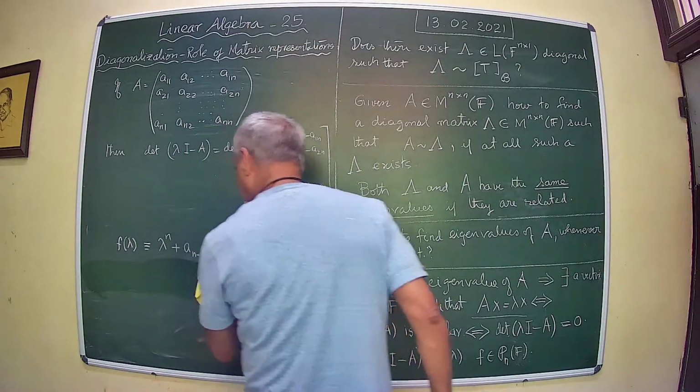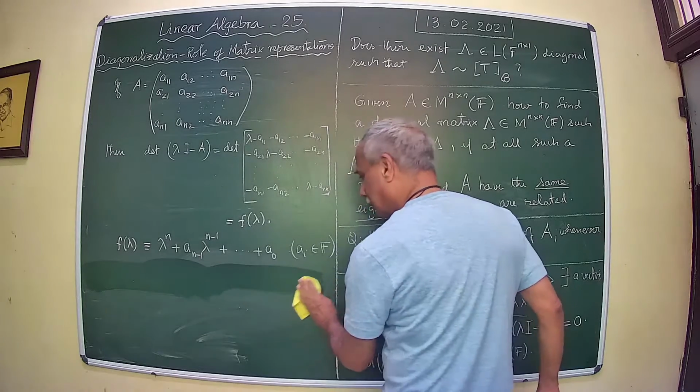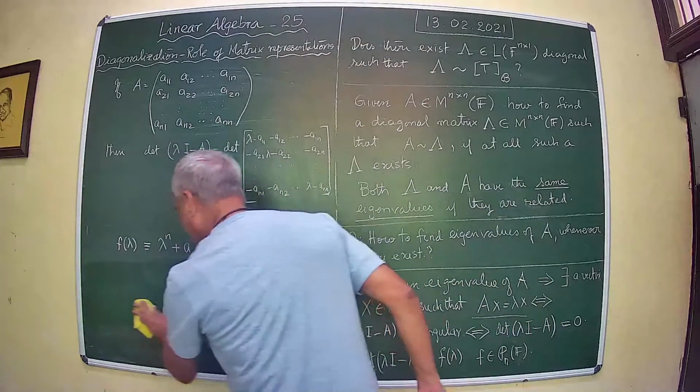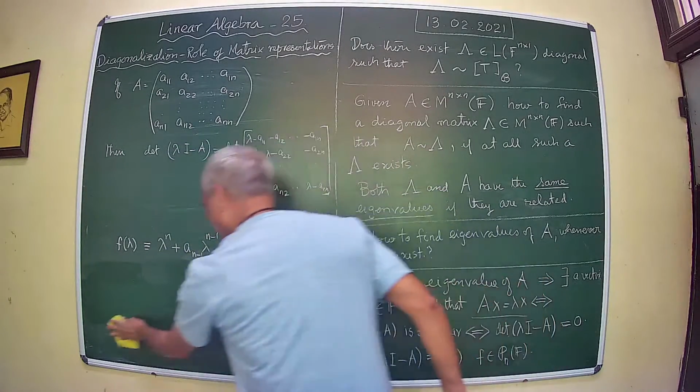We want to find out the values of lambda for which f of lambda is equal to 0.